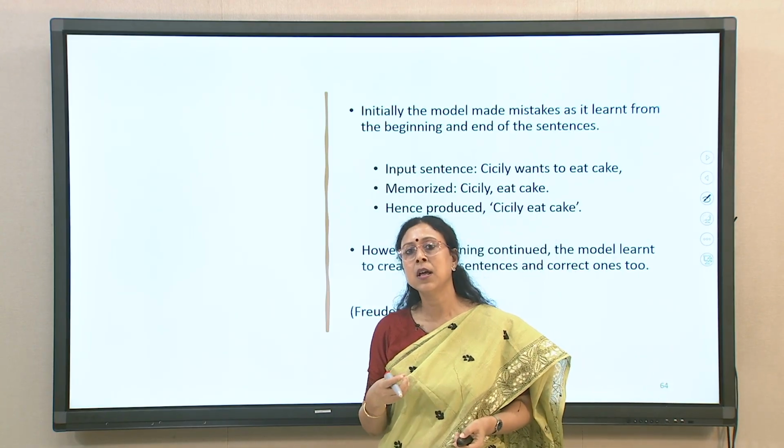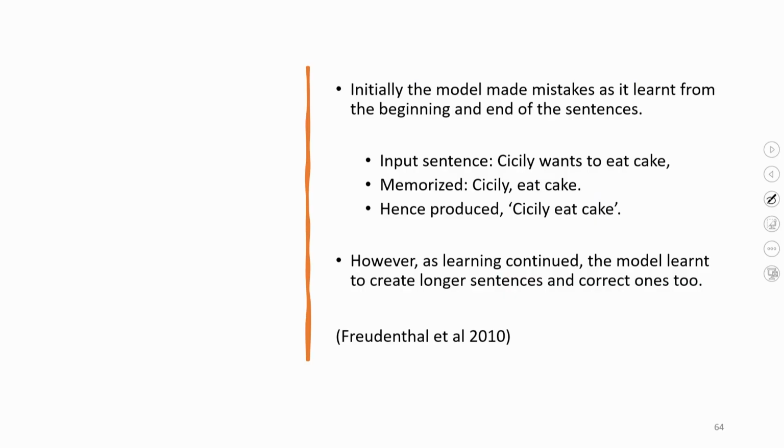First they go through a rote learning process, and then they understand some distributional commonality, and initially the model as a result makes mistakes as it learned from the beginning and end of the sentences. So, the model was created in such a way that, depending on the input sentences, it focused primarily on the first and the last part of the sentence. The first part is the subject, the last part is of course the predicate.